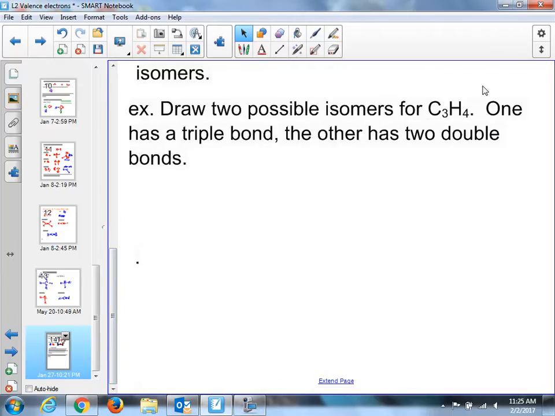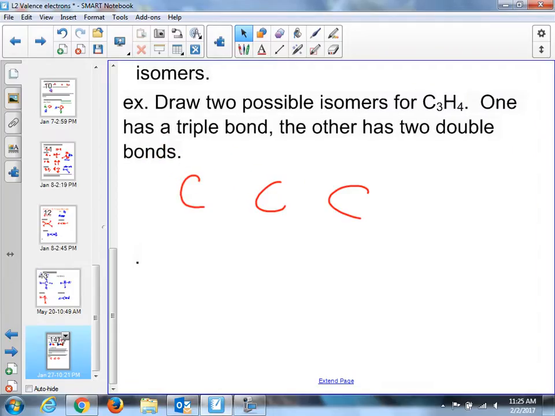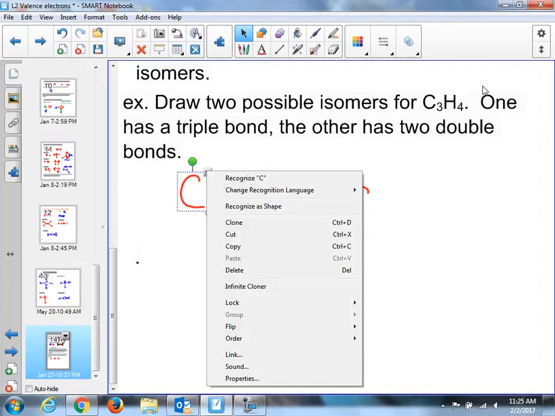So you've had a chance to try these structures. I gave 2 hints, triple bond, C3H4. I've got 3 carbons to work with. And I know I'm not putting any dots on these. I'll just keep duplicating this.